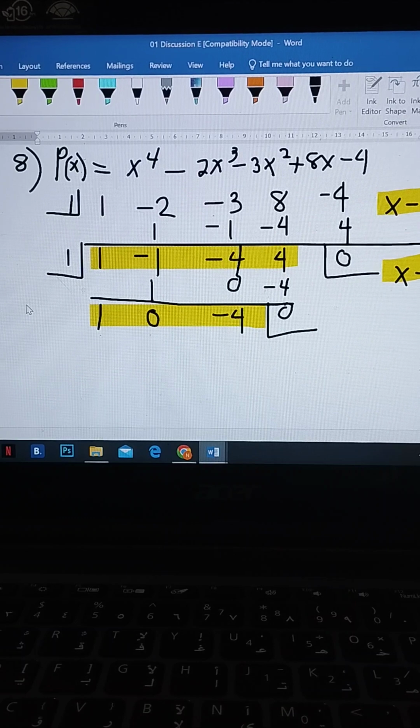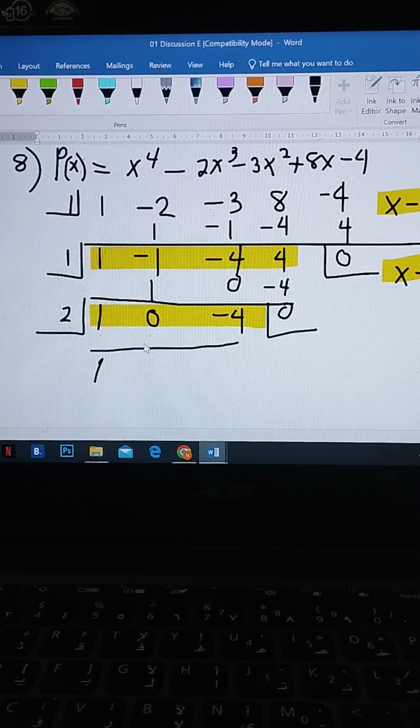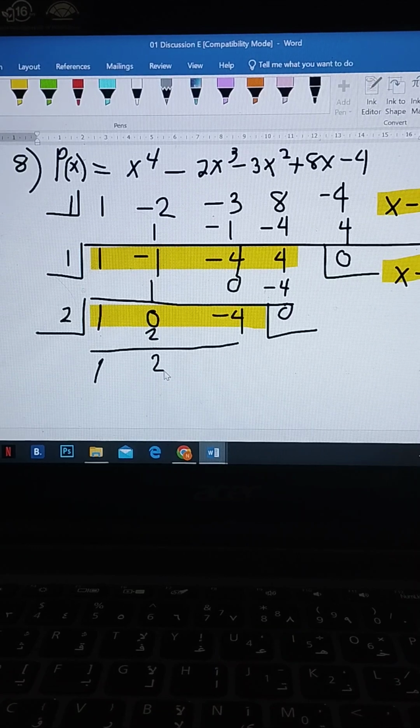So if you want to continue, you can just try 2. So bring down 2, 1, 2 times 1 is 2, 0 plus 2 is 2, 2 times 2 is 4, resulting to 0. So what factor is this? x equals 2, so that is x minus 2.